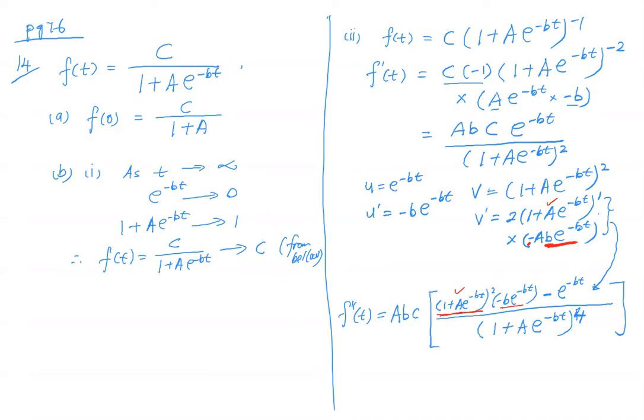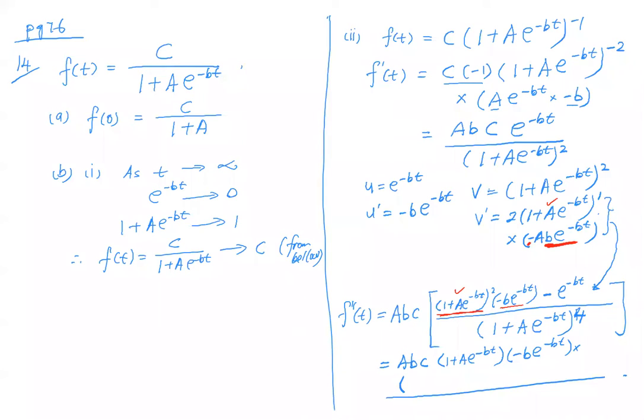So I take it out. 1 plus a e to the power negative bt taken out. Then negative b e to the power negative bt also taken out. So the bracket remains. So times are.